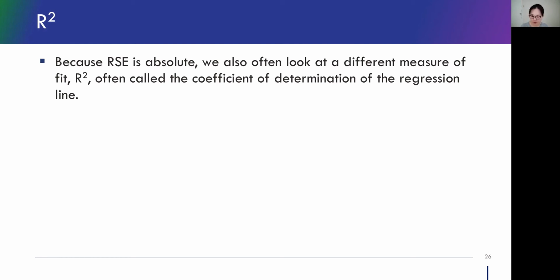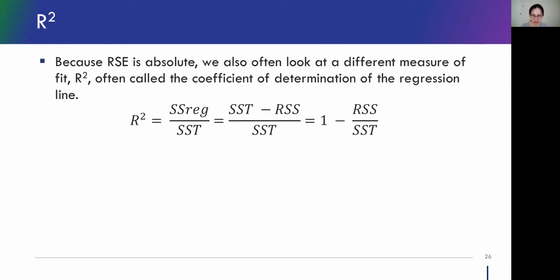We look at R squared so that we get a better feeling of how the model looks. It's easier to evaluate because we all know R squared ranges from 0 to 1. The closer R squared is to 1, the better. That's why we want to talk about R squared beside RSE.